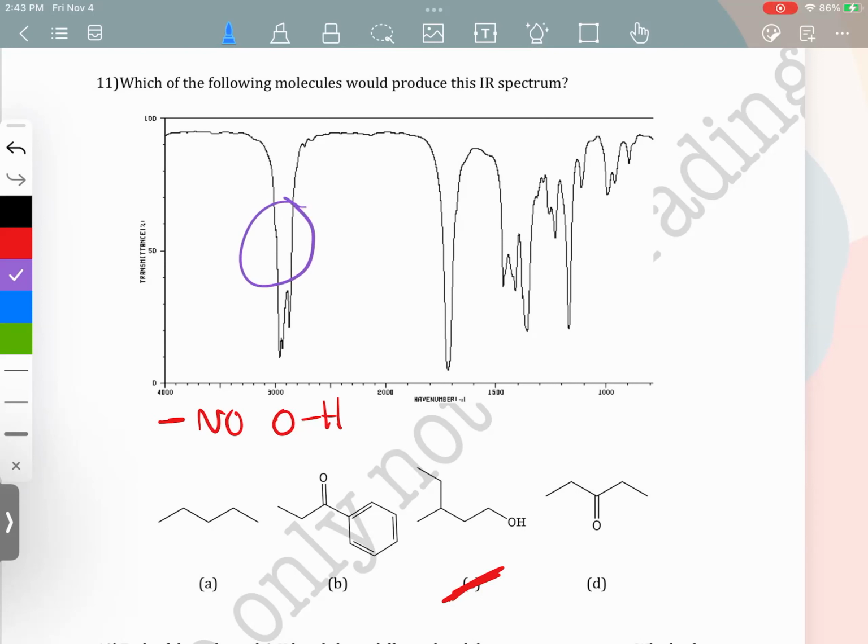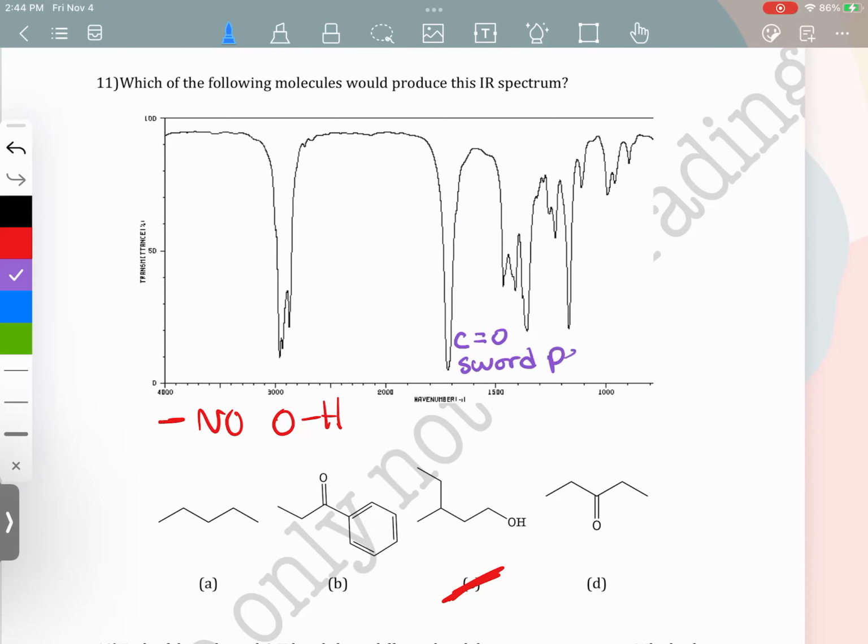Yes, I think that's the CH stretch. I believe so. But there is one thing we can definitely point out. This peak here, it's a sharp sword peak, right? Sharp sword peaks represent what type of bonding? Remember, a really strong bond, a C double bond O.